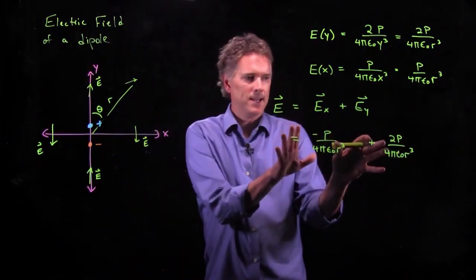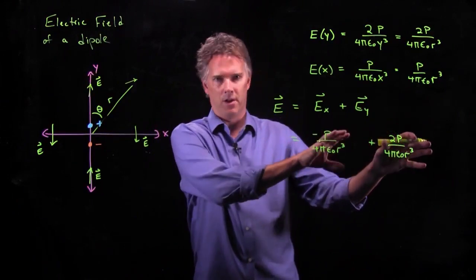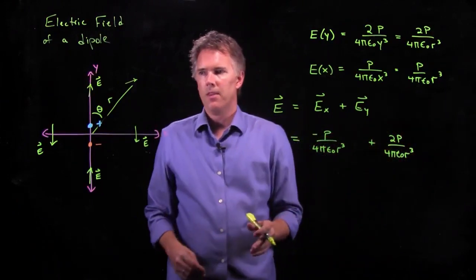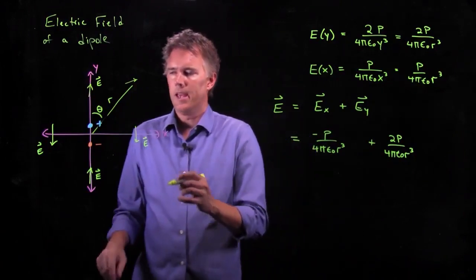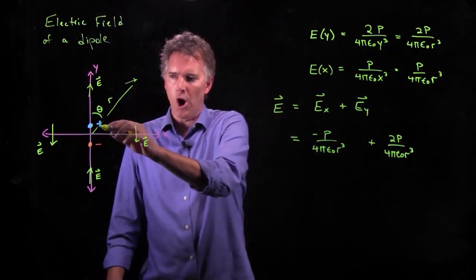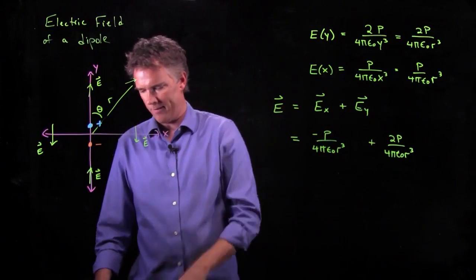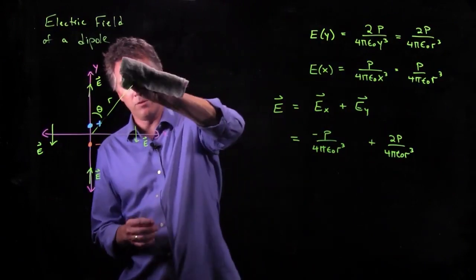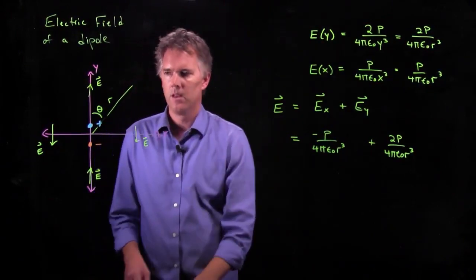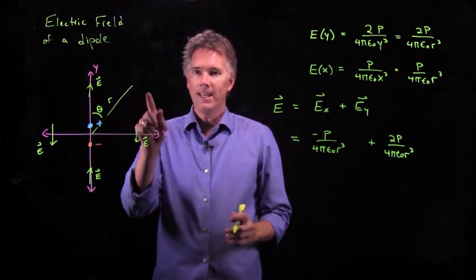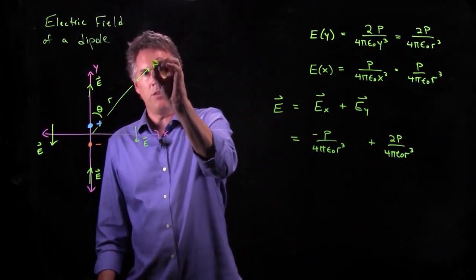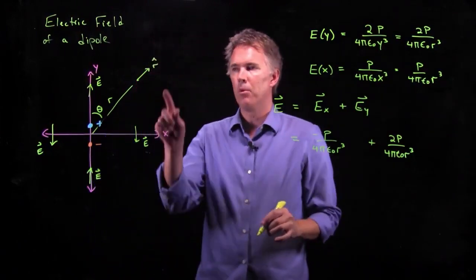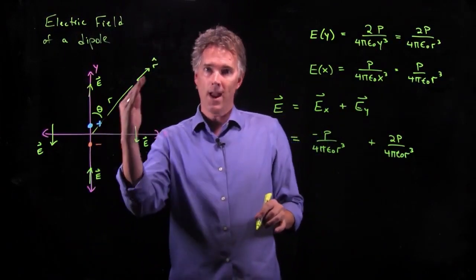Now, we're not quite done here because we haven't put any vector signs on anything. And this is where we need to be a little bit tricky. If I think about r as a distance away from the origin, I'm going to move this out of here for just a second. Then r increasing outwards means that the unit vector r hat points in that direction, away from the origin.